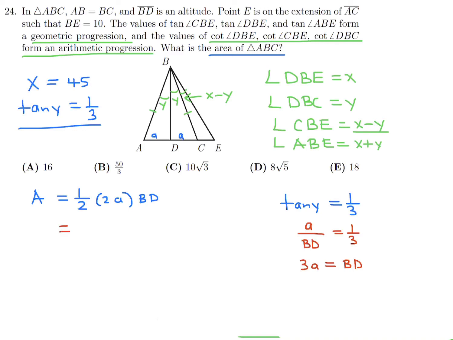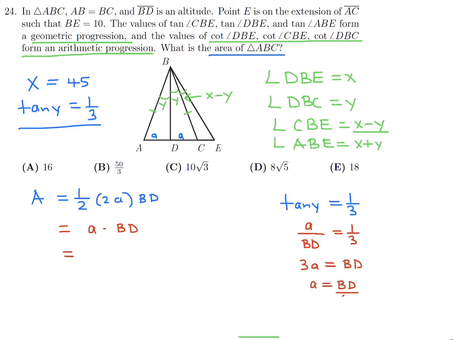So I can go back here and put that in there. So this, if you simplify, just becomes A times BD. And if you want to put everything in terms of BD, I think that's perfectly reasonable. So instead of A's and BD's, we'll just put A is equal to what?